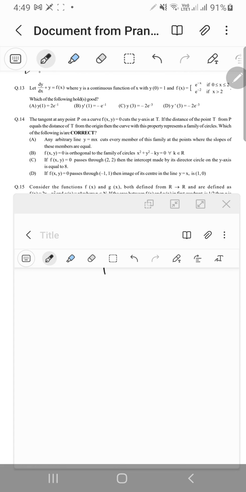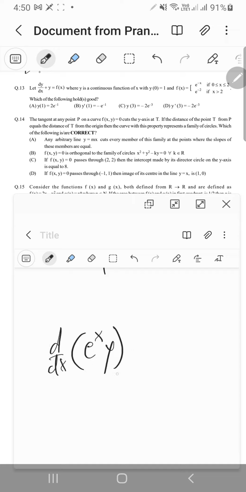Let dy by dx plus y equal to f of x, where y is a continuous function of x with, okay, fine. So you just have e power x, we should say like d by dx of e power x y.